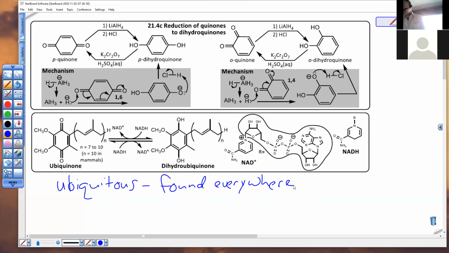And there's substantial amounts of the quinone and the dihydro version of it. Where does the word dihydro come from? Well, if you look at the species, the only change in the formula is two extra hydrogens that were not there before.